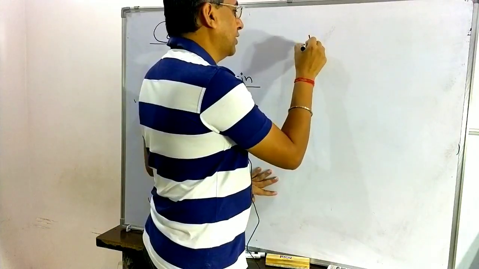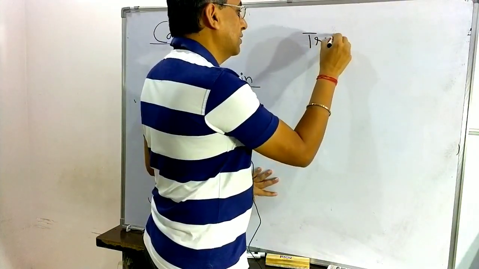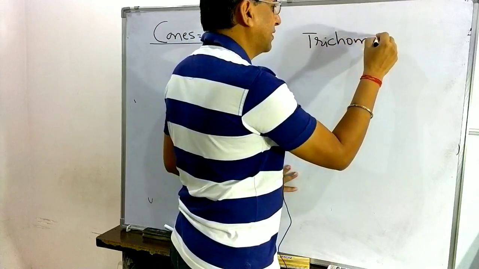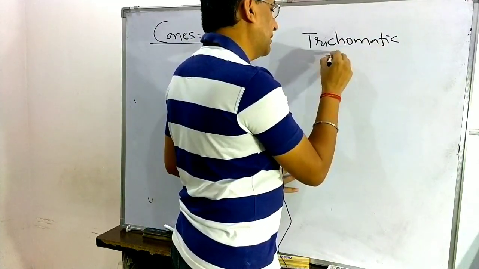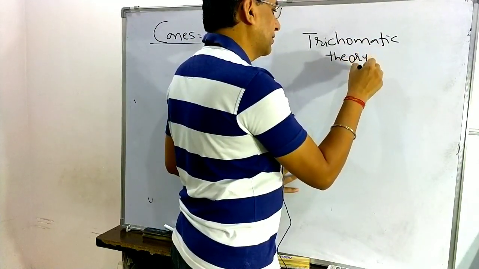Now there is a theory that is known as the trichromatic theory of color vision.